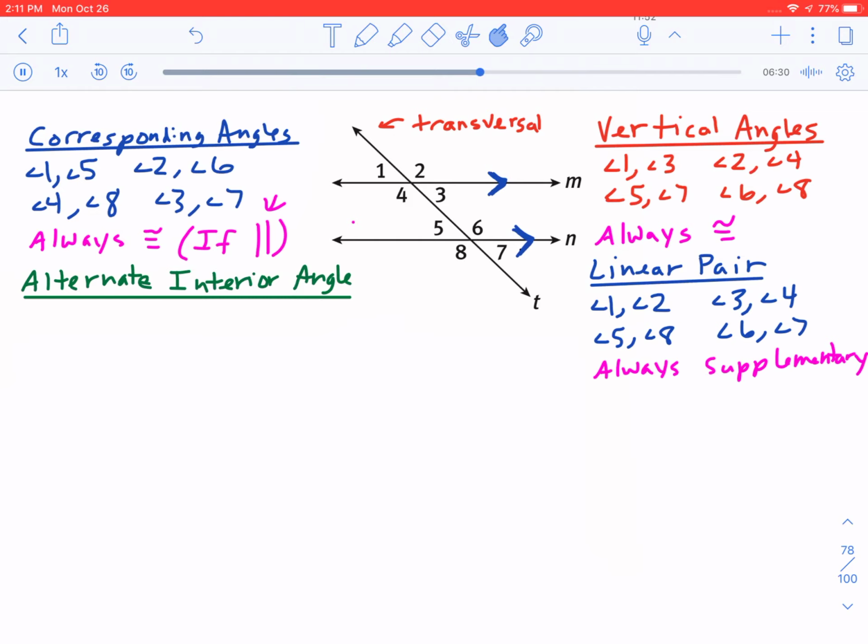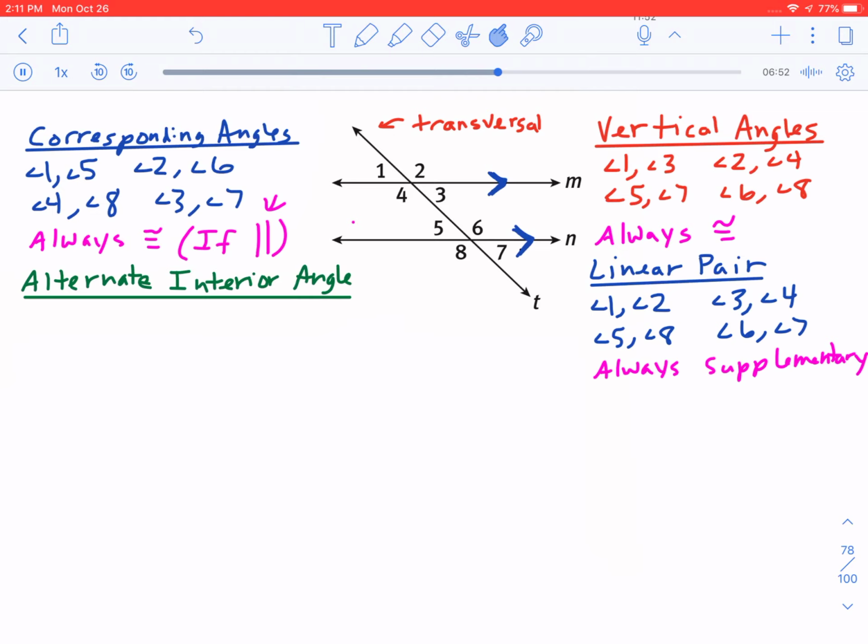The word alternate is basically saying you have this group of angles to the left of the transversal and this group of angles to the right of the transversal, and alternate means you're going to have one on each side. The word interior means that the two angles will both be inside of the parallel lines.